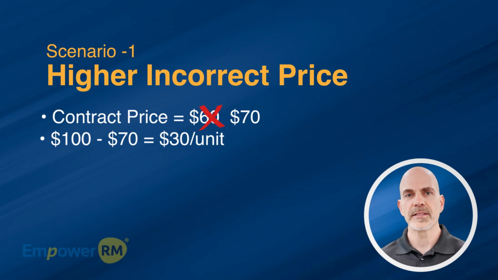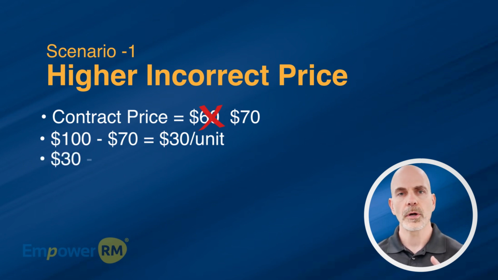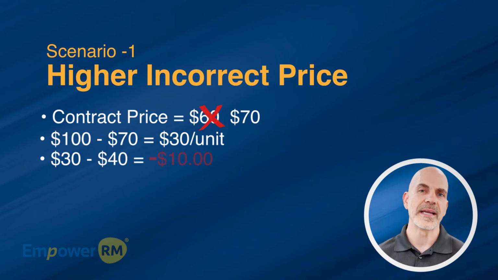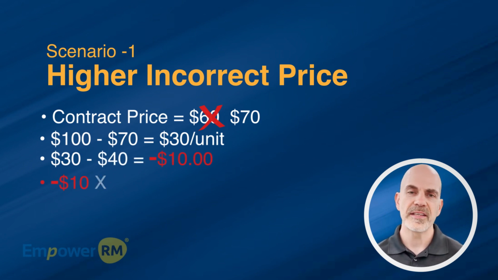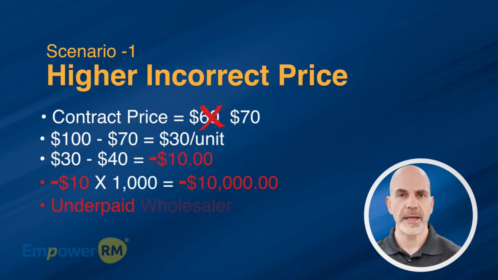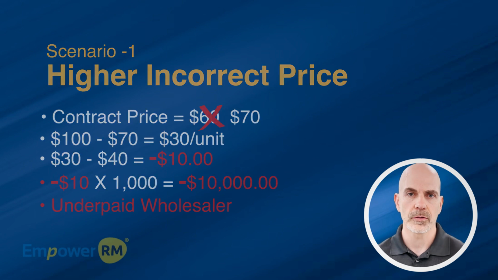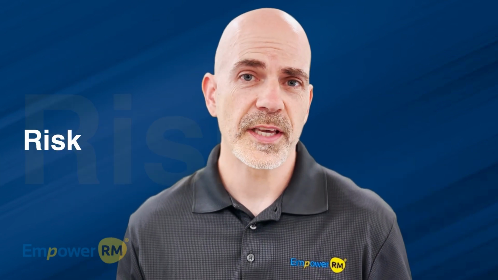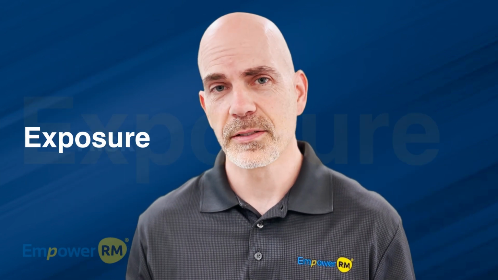That means that instead of paying $40 per unit, you're paying $30. So you are underpaying the wholesaler by $10 per unit. Now, if they sell 1,000 units, you now have underpaid them $10,000. This increases your risk and your exposure as a business.